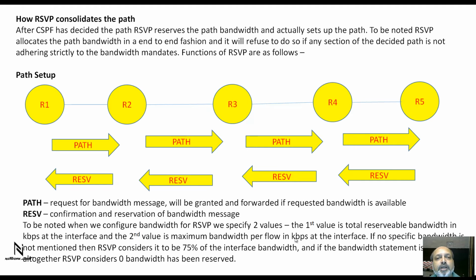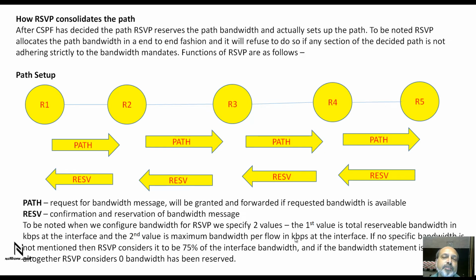Now say I am putting IP RSVP bandwidth 75, then 25, right? Another thing, this 75 and 25, their units are in kbps, mind this. RSVP bandwidth values are provided in kbps. Now the first bandwidth value is the portion of bandwidth that we want as guaranteed bandwidth from the physical interface.